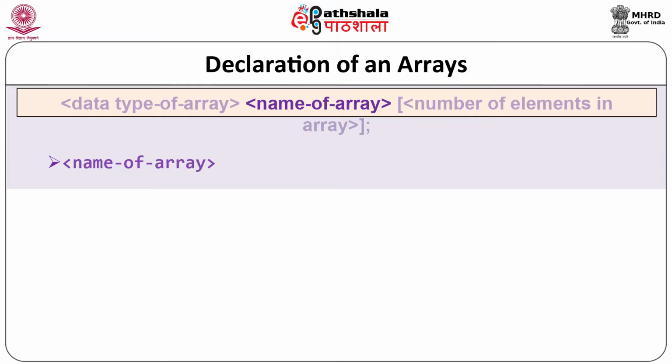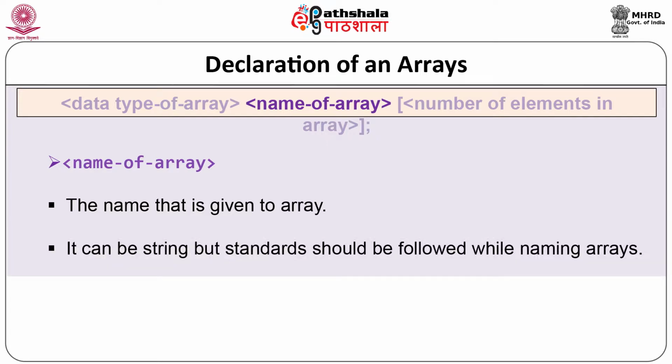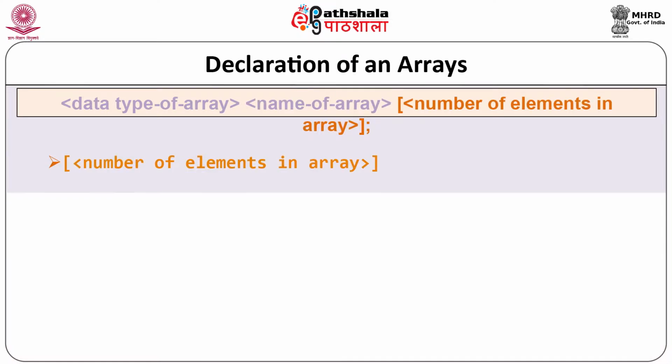Name of array is the name given to the array. It can be any string, but it is usually suggested that some standard should be followed while naming arrays. At least the name should be in context with what is being stored in the array.